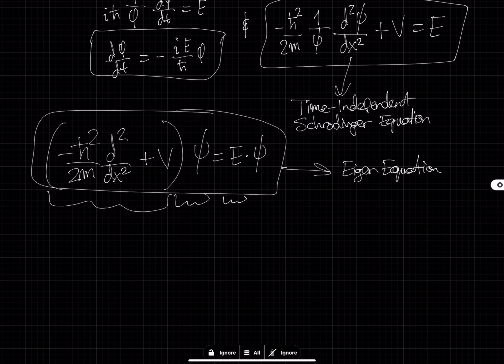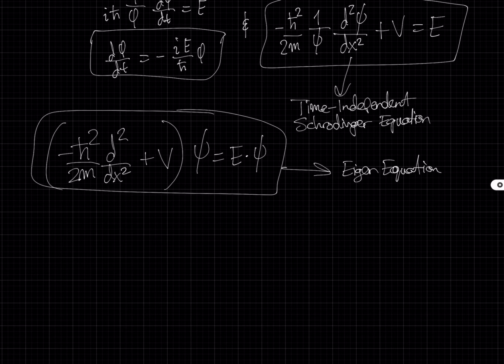This is our classical form, in a bunch of textbooks: A y is equal to lambda y. This is our so-called eigenequation form here. And so we indeed have an eigenvalue problem up above in this time-independent form of the Schrodinger equation.